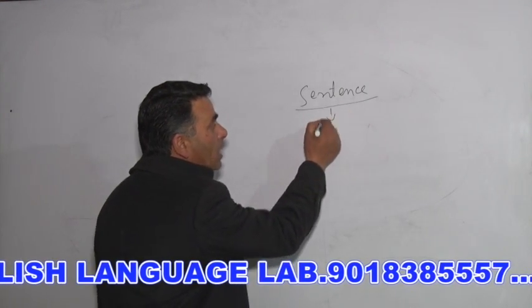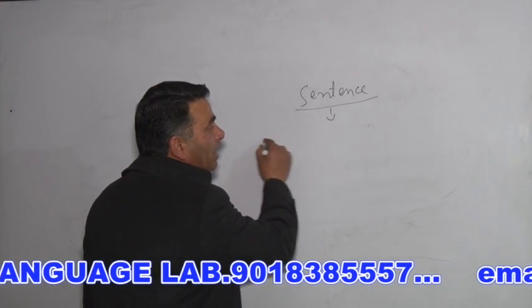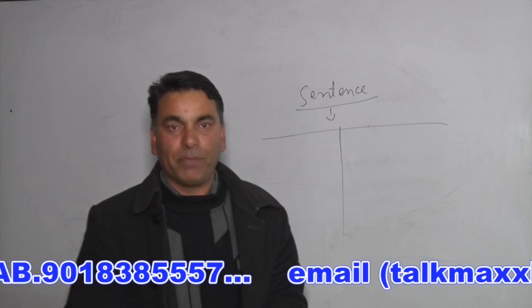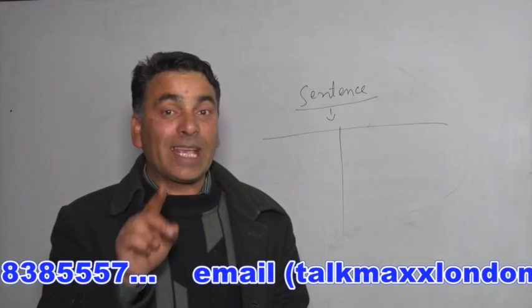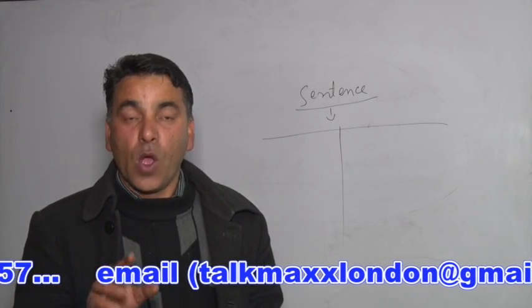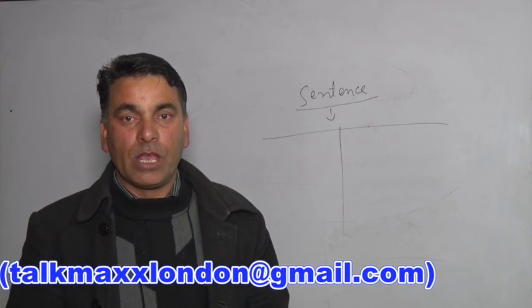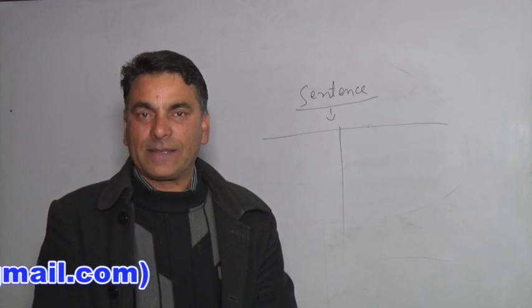A sentence for me is a grammatical structure that consists of two existential components. I say two existential components. What do I mean when I say existential components? Say for example, we as human beings have so many body parts.